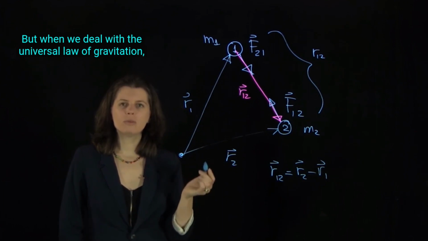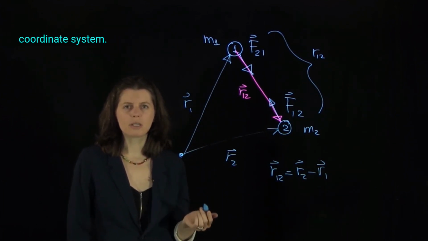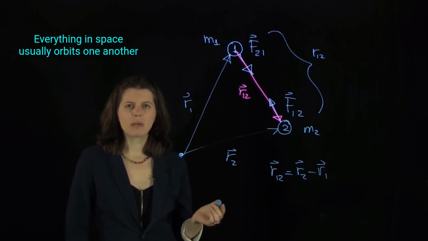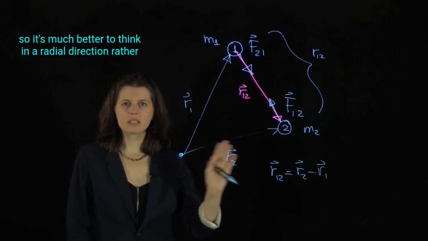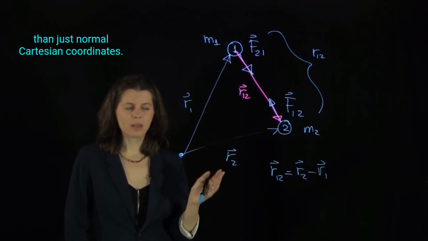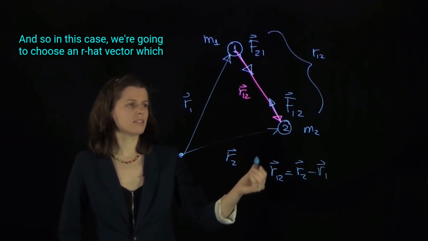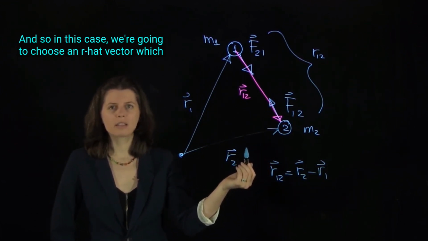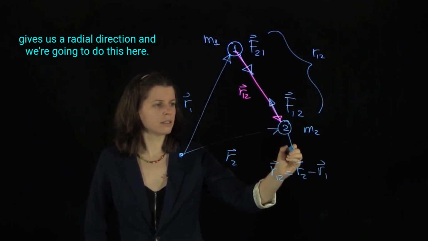But when we deal with the universal law of gravitation, it's better to adopt a slightly different coordinate system. Everything in space usually orbits one another, so it's much better to think in a radial direction rather than just normal Cartesian coordinates. And so in this case, we're going to choose an r-hat vector, which gives us the radial direction.